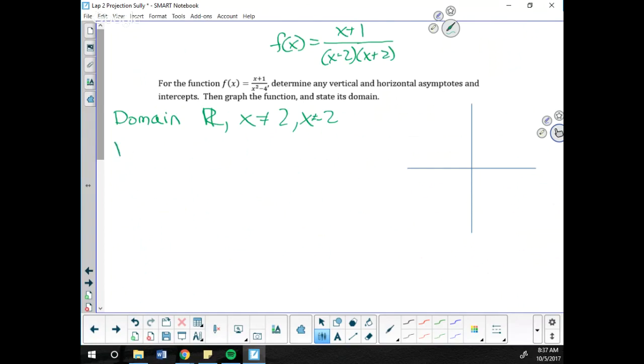Okay. Vertical asymptotes. Horizontal asymptotes. I want you to write down what you think are the vertical asymptotes right now, and take a stab in the dark at what that horizontal asymptote is. We actually kind of have them written down already, right?